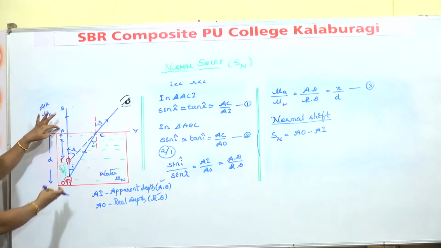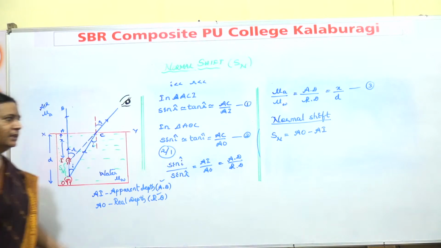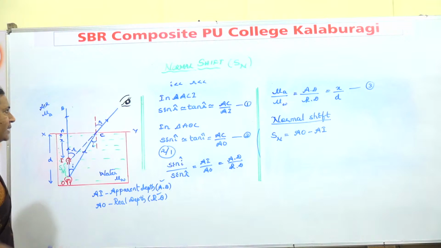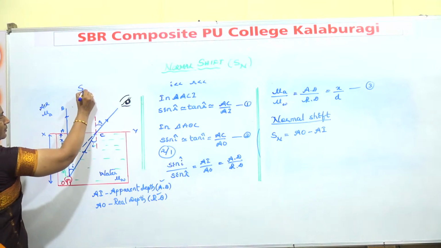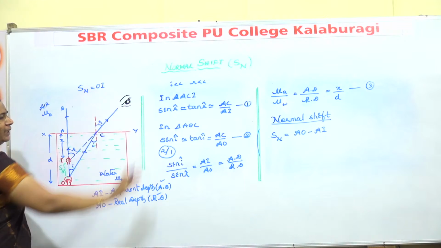If I subtract this much, that gives me OI. This is the shift, and it can be written as AO minus AI.